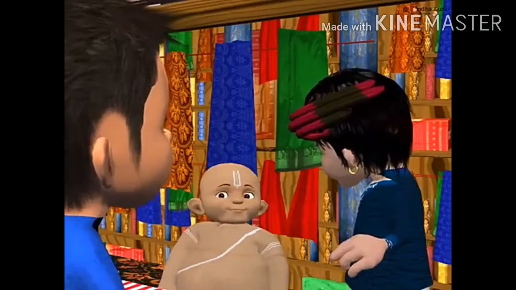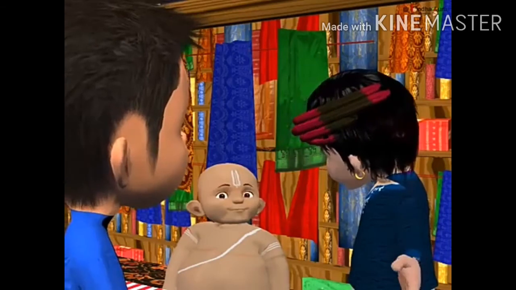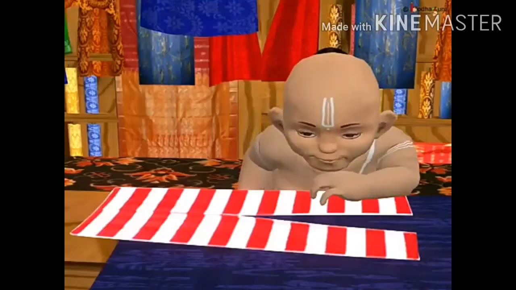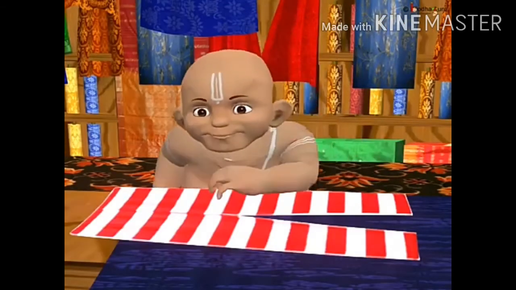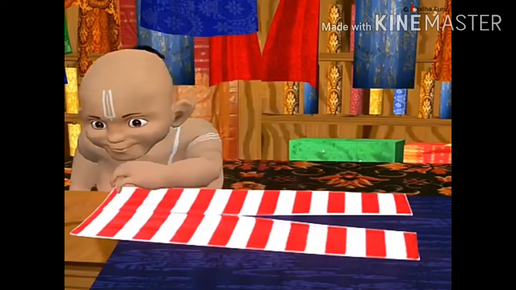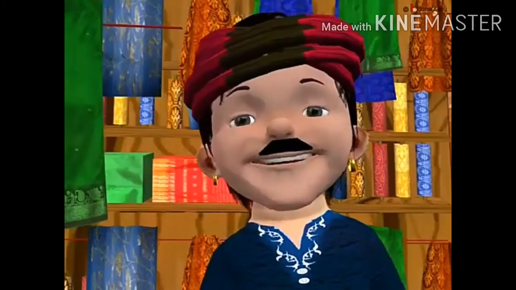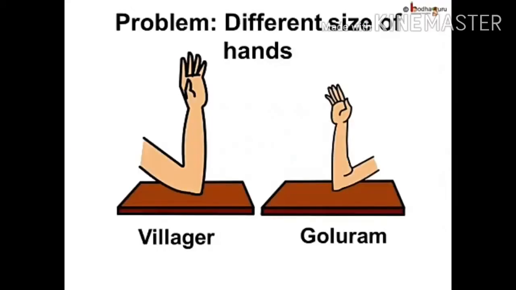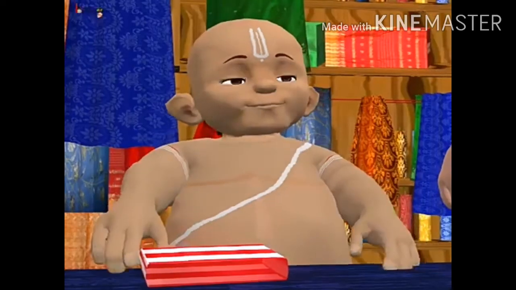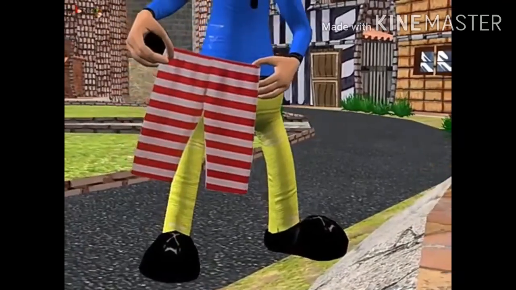At the cloth shop, another man, Goluram, used his hand for measurement. Even he measured accurately, that is 3 hands only. So, where was the problem? The hands of the villager and Goluram were not of the same size. Goluram's hands were much smaller than that of the villager. So, the new pant stitched was of short length.